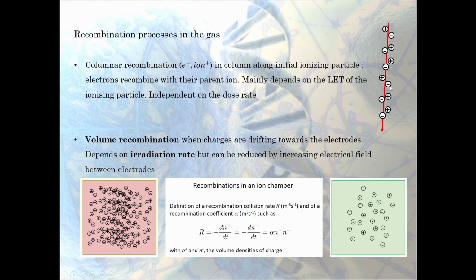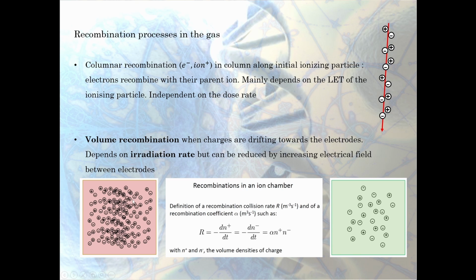Along the tracks of the fast electrons, charges are being generated, ions and electrons that will combine with molecules, such that you will have positive ions and negative ions. And the amount of charged particles generated between the electrodes is so big that they have a sizable probability to recombine before reaching the electrodes.